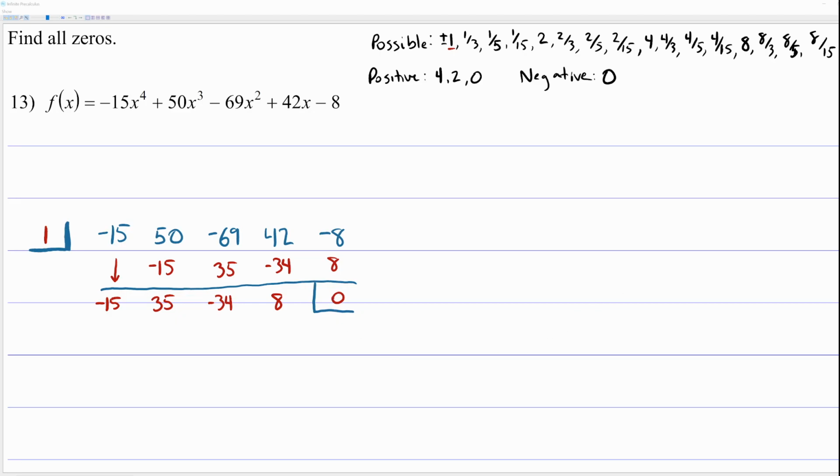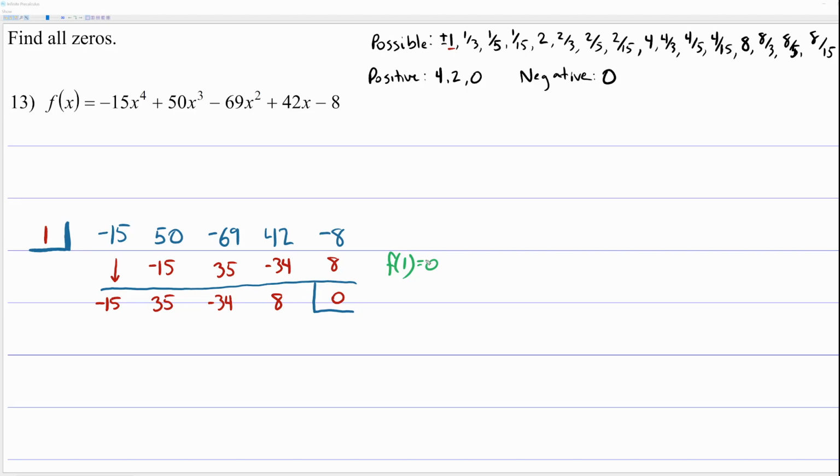So, make sure to pay attention to what these symbols mean. You've learned from the remainder theorem that when you see a remainder of 0, what that means is that f of 1, that's the number in the box, f of 1 is 0. You have found a 0 of the function.